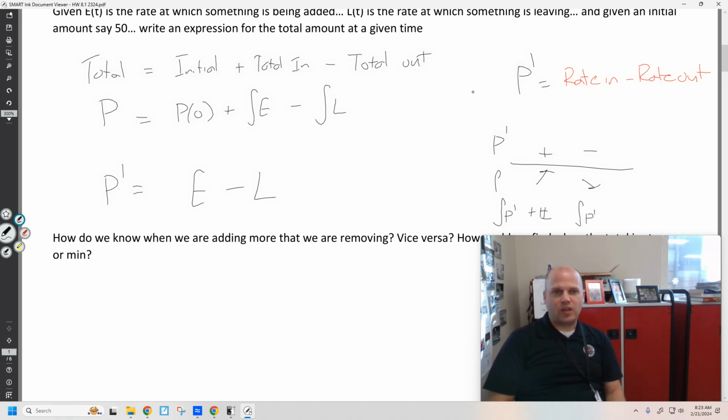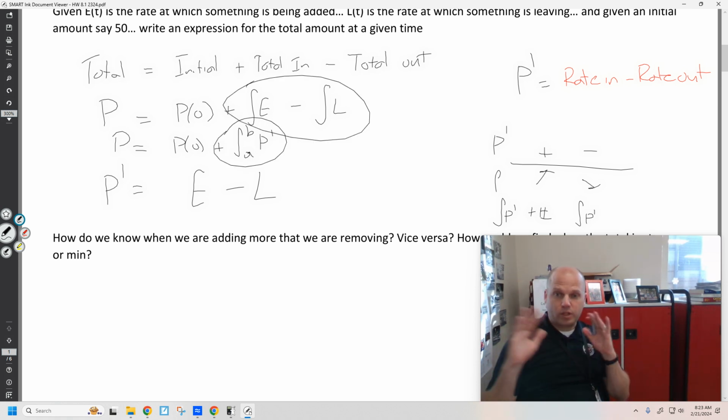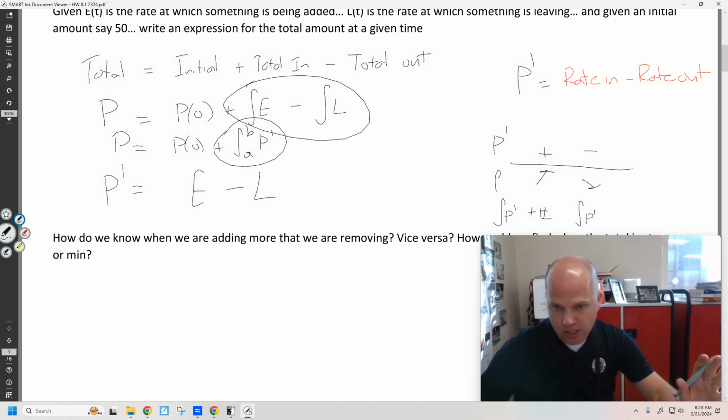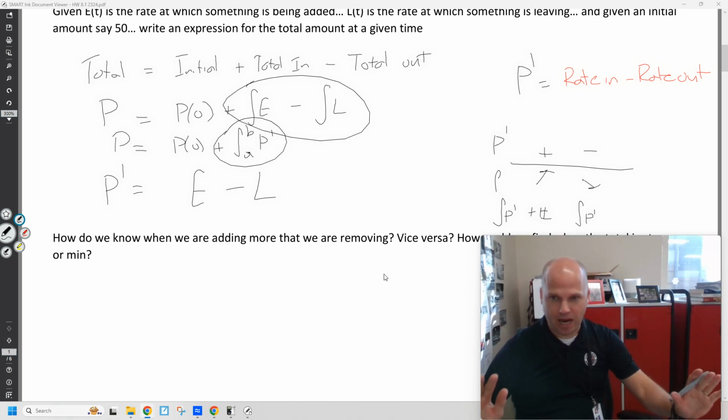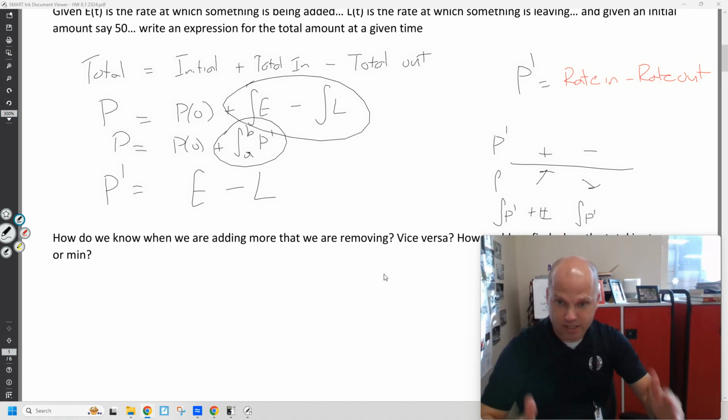So instead of thinking of it as having two velocities, we combine them so it's one velocity, and all of a sudden we have another expression for the total: the initial amount plus the accumulation of your derivative. This combines that, which means you got options, which sometimes sucks for you kids because you guys hate having options. You'd rather do it the same way every time.